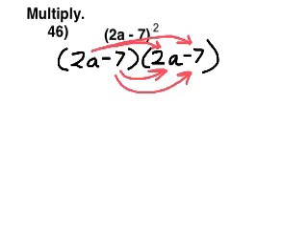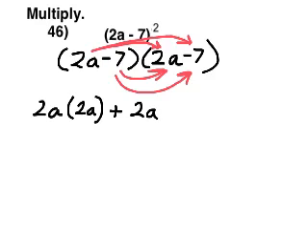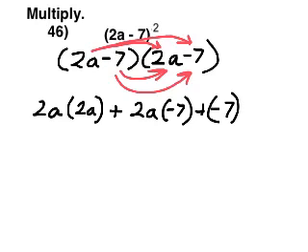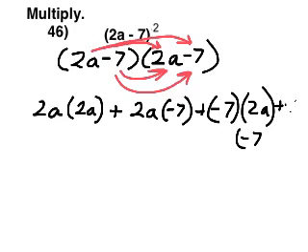So we've got 2a times 2a plus 2a times negative 7 plus negative 7 times 2a plus negative 7 times a negative 7.